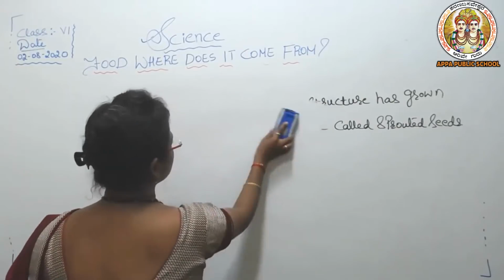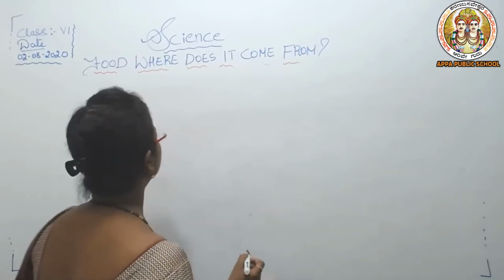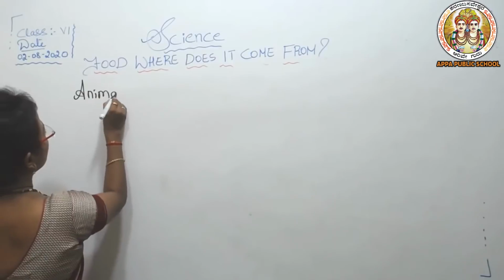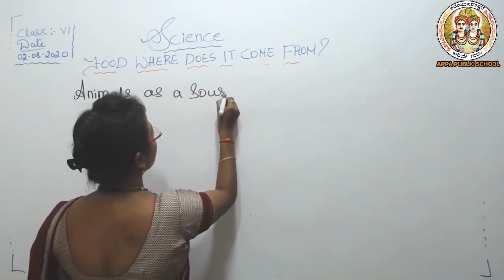So next comes animals as a source of food.